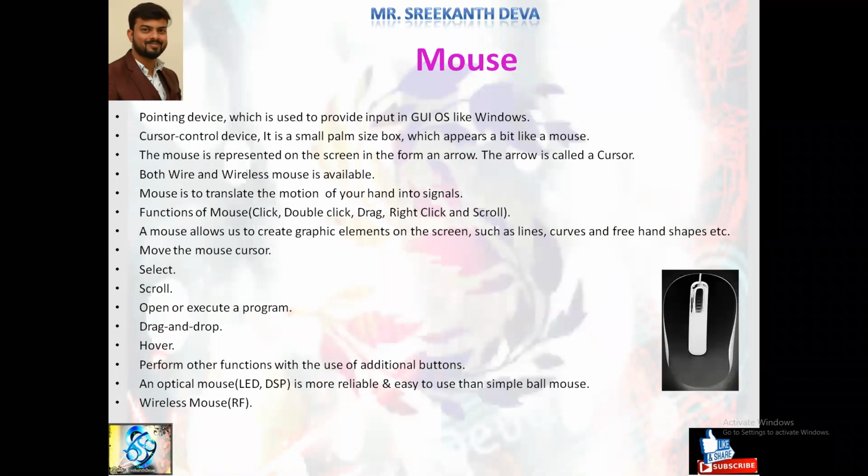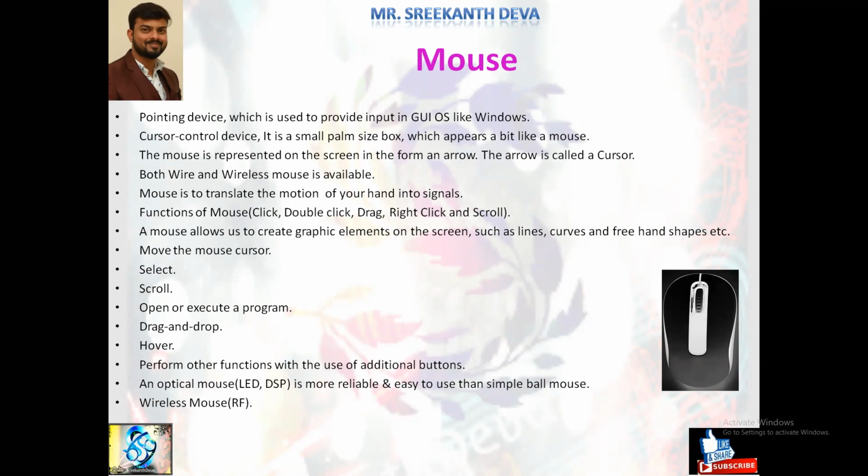Coming to the next familiar input device: the mouse. The mouse is another popular input device used with modern computers. It is basically a pointing device which is used to provide input in graphical user interface operating systems, GUI for short.